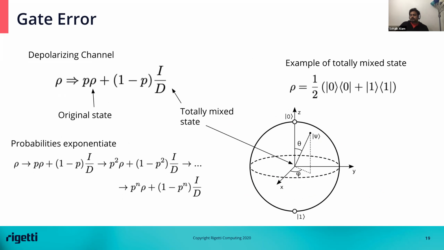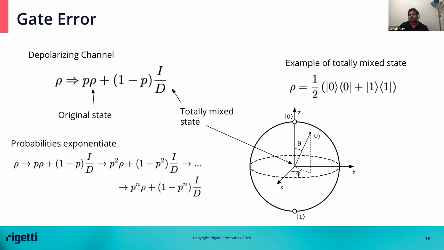Now, an important channel that people often investigate when analyzing gate errors on quantum devices, in other words, one of the prototype noisy channels that people like to think about, is known as the depolarizing channel. It works something like this.